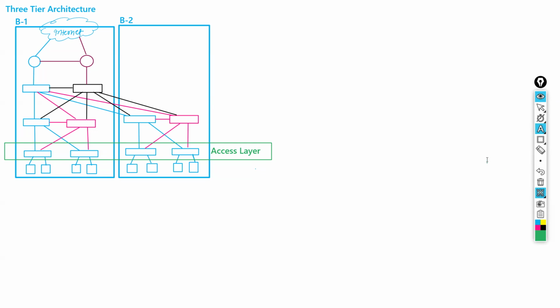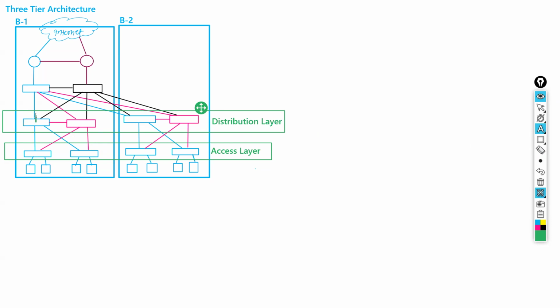Okay. Then after, we have another layer where the traffic will aggregate from the access layer. So the access layer is the layer where you will connect your end host. Then after, we have this layer. This layer is known as the distribution layer, because any traffic that has to go from one department to another department will go via these switches.